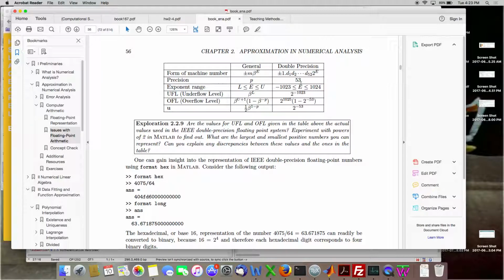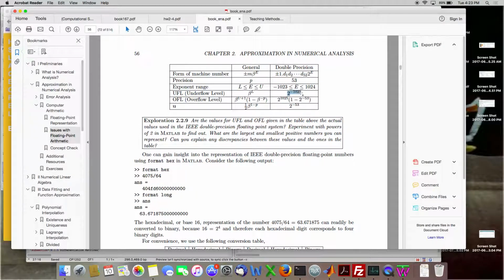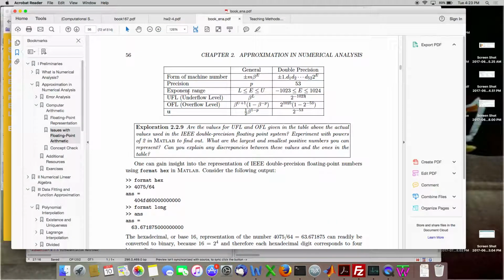That's what would lead to this value of the underflow level. But that is not the underflow level of IEEE. And the reason why is you have what's called gradual underflow. For particularly small numbers, it switches from the usual normalized mode to denormalized.